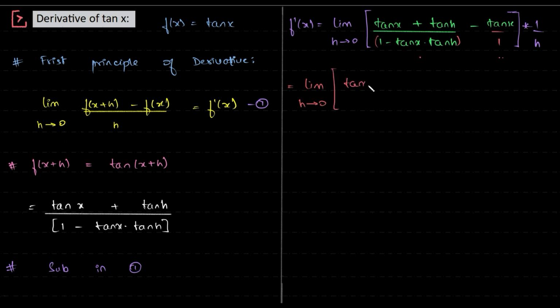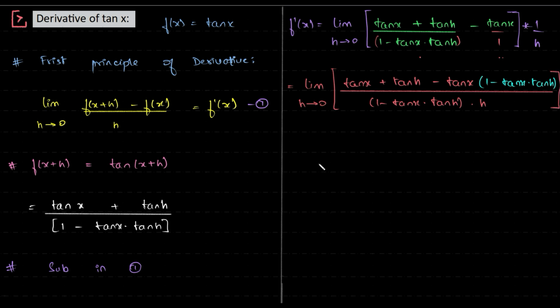So tan of x plus tan of h minus tan of x, and additionally over here we will have into 1 minus tan of x into tan of h, and this entire expression divided by the denominator 1 minus tan of x into tan of h into h, closing the brackets.